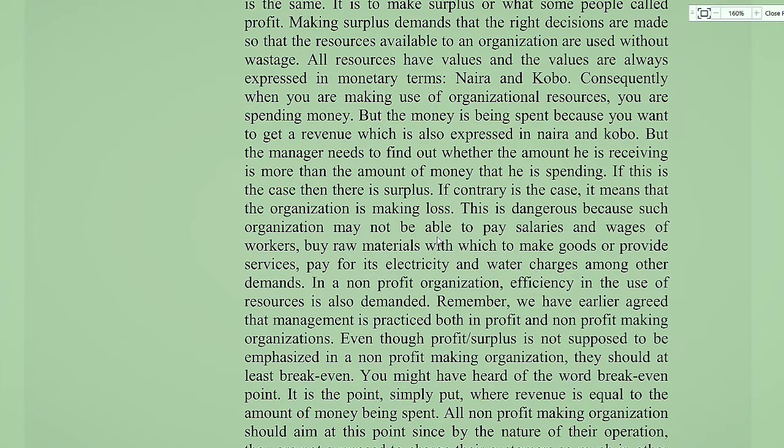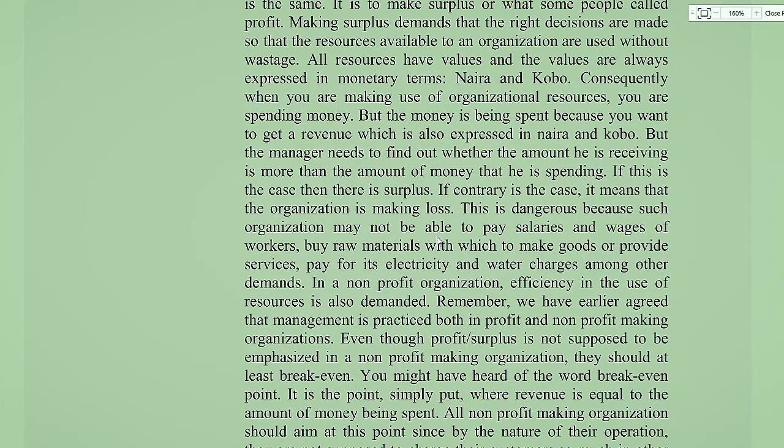Consequently, when you are making use of organizational resources, you are spending money. But the money is being spent because you want to get revenue, which is also expressed in naira and kobo. The manager needs to find out whether the amount he is receiving is more than the amount of money he is spending. If you receive more than you are spending, then it is surplus.